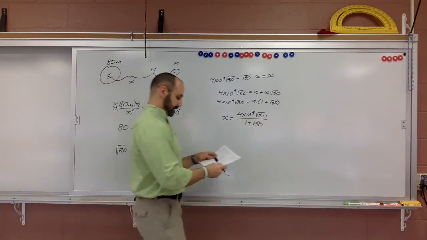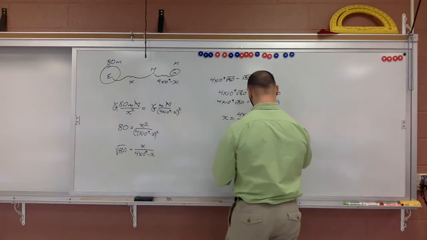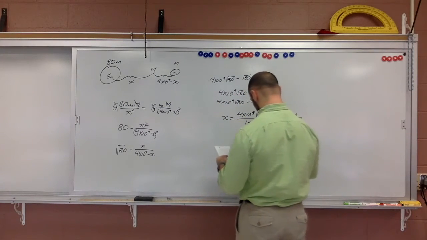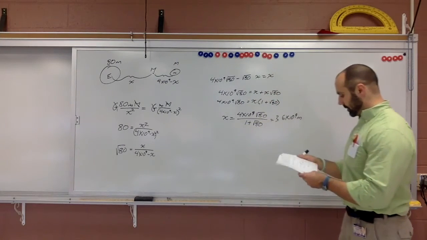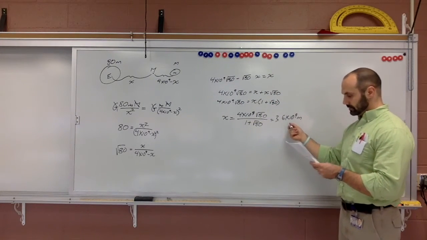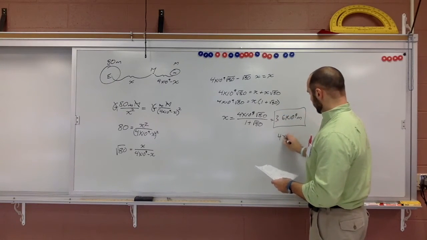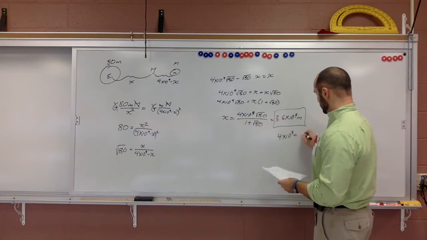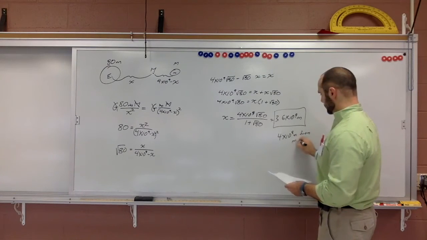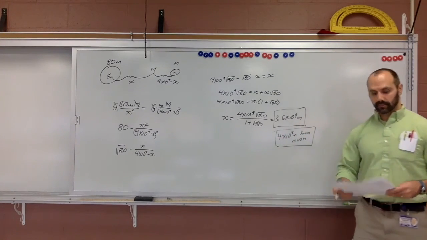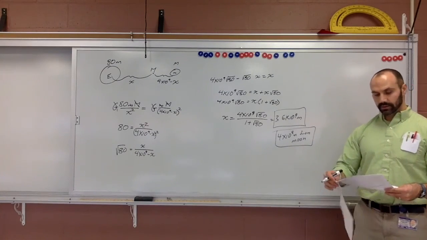And when you do that, I think you get about 3.6 times 10 to the 9th meters. So that's how far you have to be from the Earth. And so then you're going to be 4 times 10 to the 8th meters from the Moon. Okay. And that is the end of the first chapter 13 package.